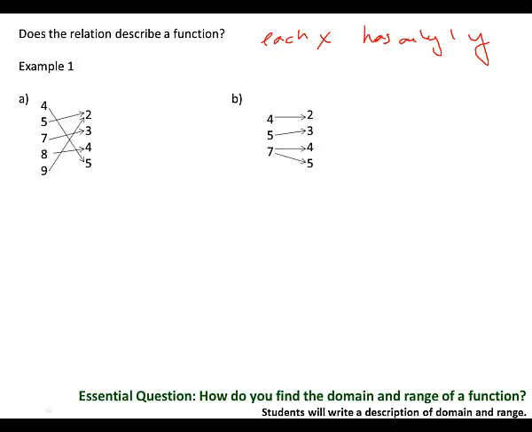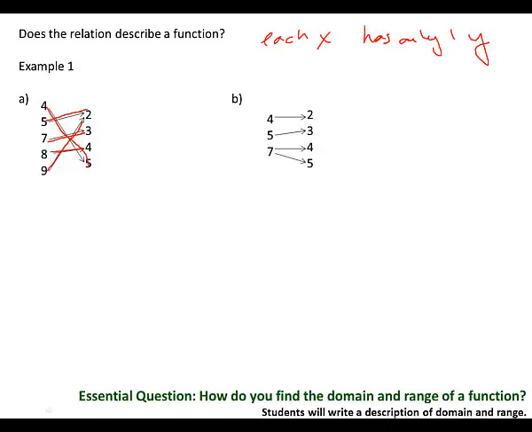So I take my x values and I draw an arrow to their y values. In this first one, do all the x values have a unique y value?